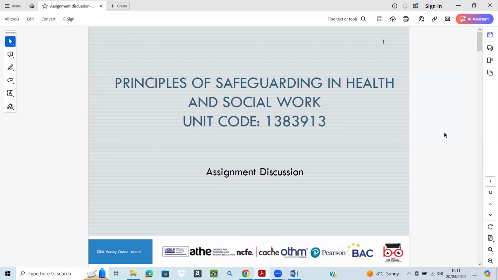For example, in the assignment, there is a scenario where you need to interview staff and clients. What kind of questions would you ask them to assess the effectiveness of safeguarding measures? We may ask staff how they would handle a suspected case of abuse, and ask service users how safe they feel in the facility.